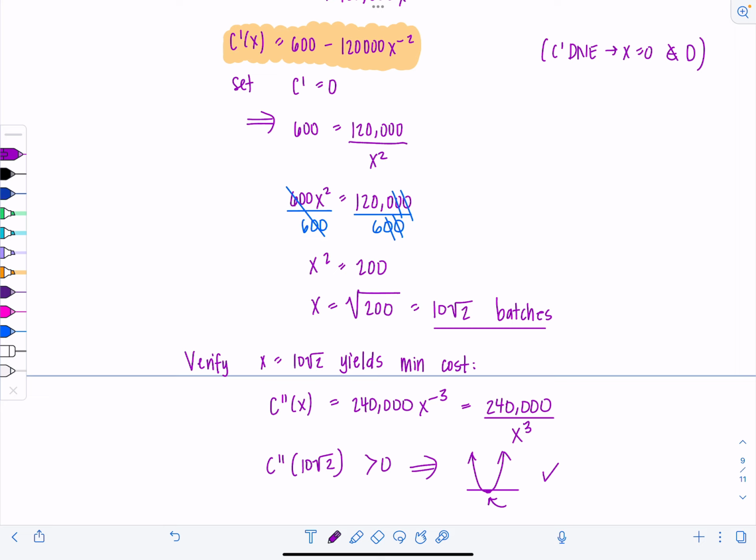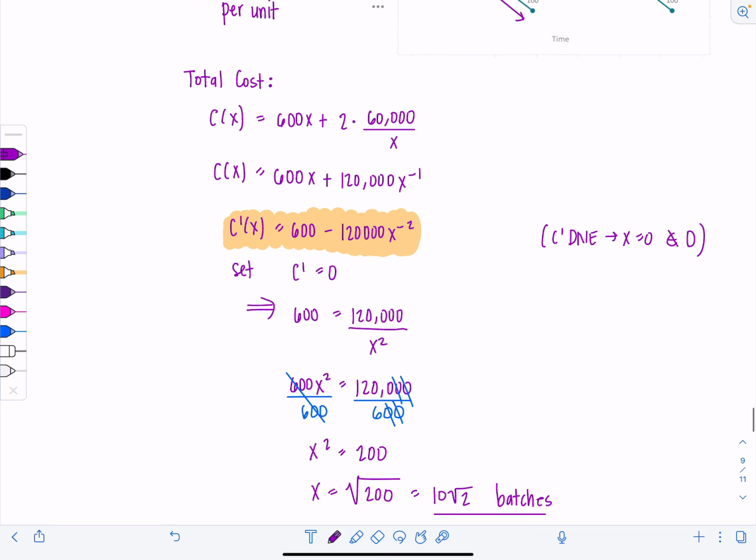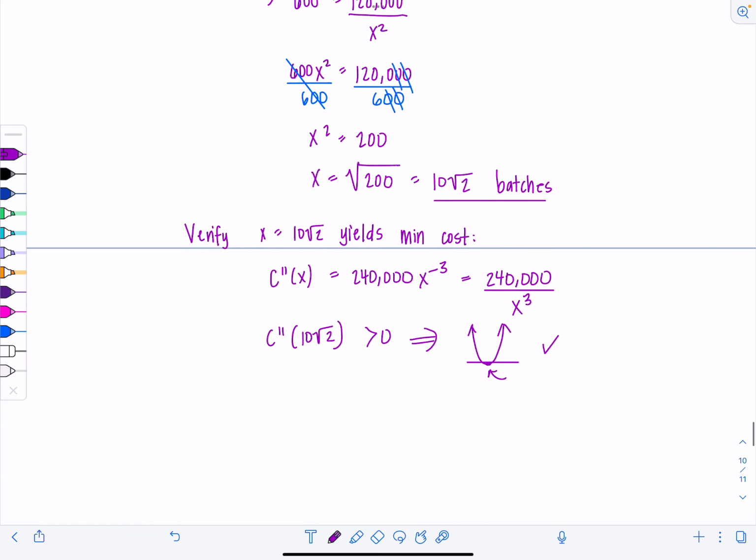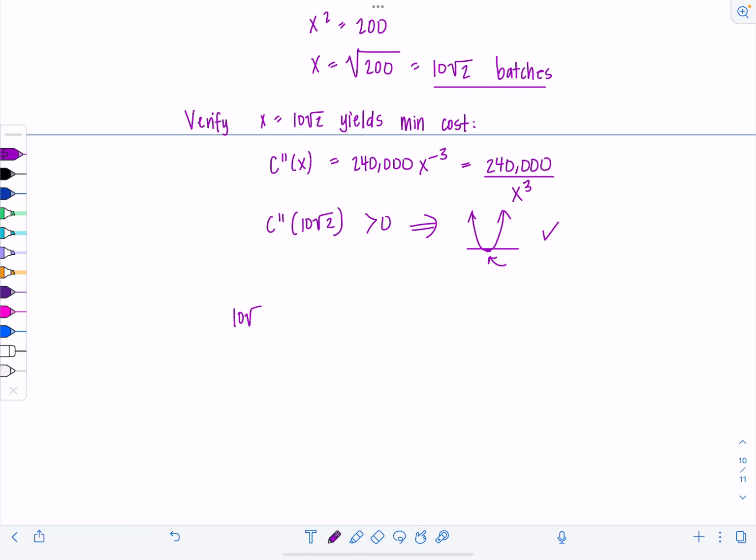So the number of batches is 10 rad 2. In the beginning of the problem, they said to round to the nearest whole number. Okay, so we can do that. So 10 rad 2 batches is the exact answer, but we're not really going to make 10 rad 2 batches. We need a whole number.